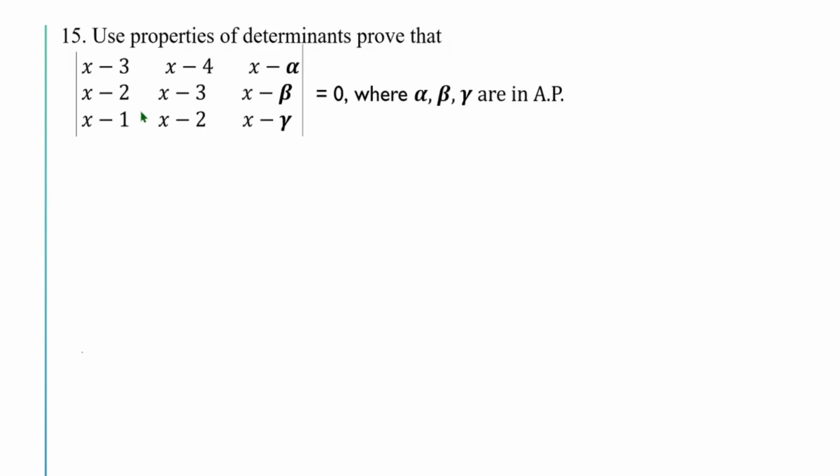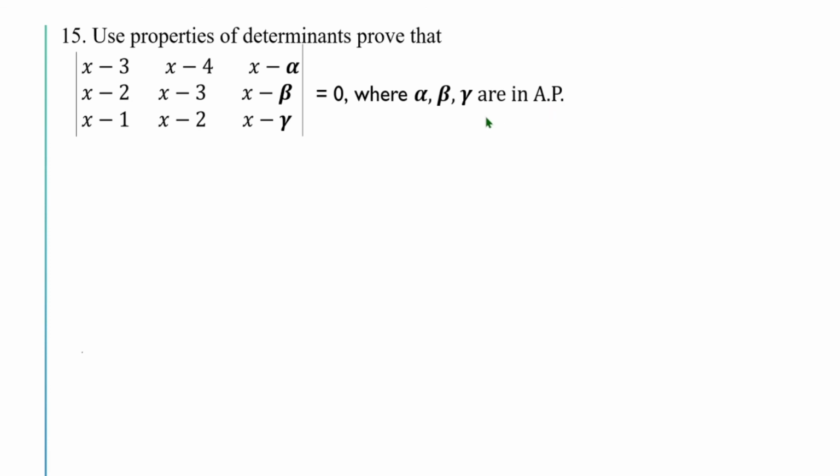The next question, use properties of determinant to prove that this determinant x minus 3, x minus 4, x minus alpha, x minus 2, x minus 3, x minus beta, x minus 1, x minus 2, x minus gamma equal to 0, where alpha, beta, gamma are in arithmetic progression.